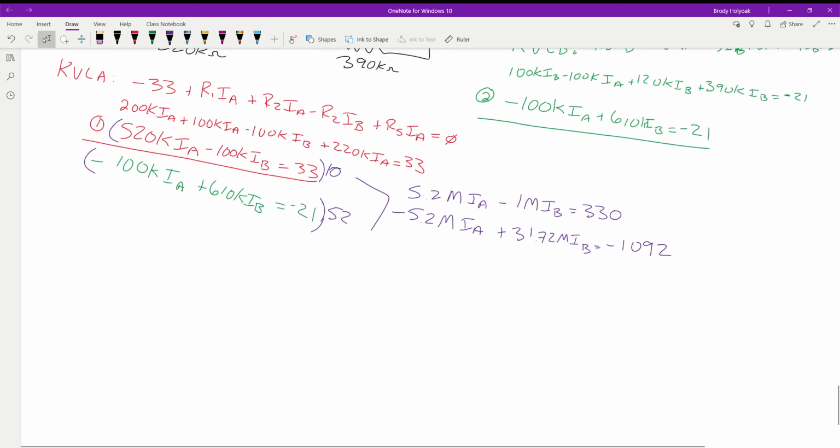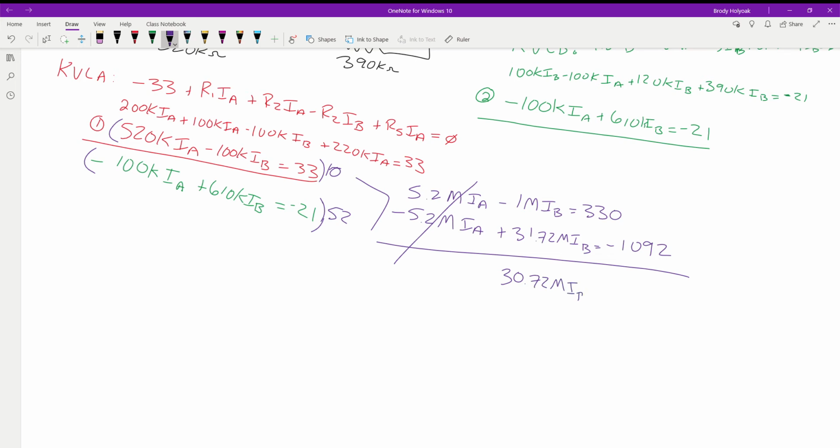Now we take these two equations, we combine them together, those will cancel, and so we end up with 30.72 meg IB is equal to a negative 762. You get there? Divide both sides by the 30.72 meg.